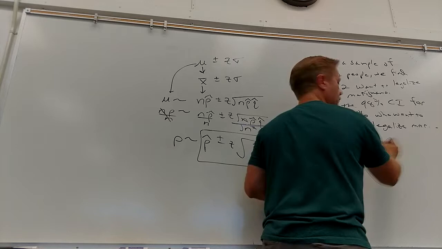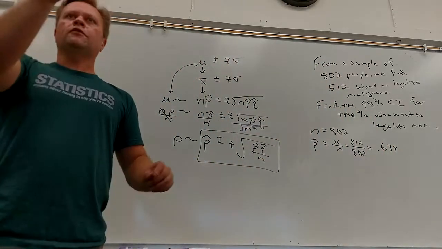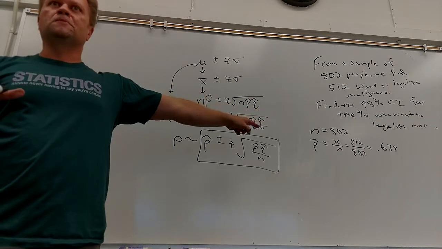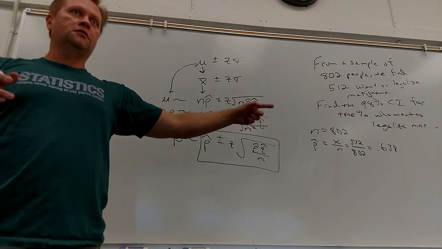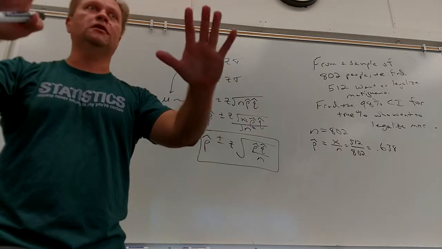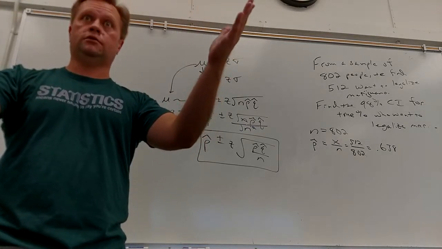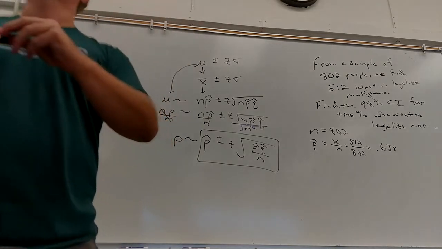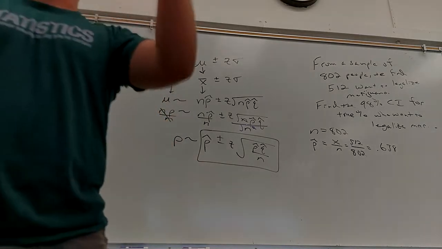And I love the fact that you went out 3 places. Always go out at least 3 places with p hat and q hat. If you go out 4 places for everything, you're golden. I don't care what I'm talking about in my physics class.